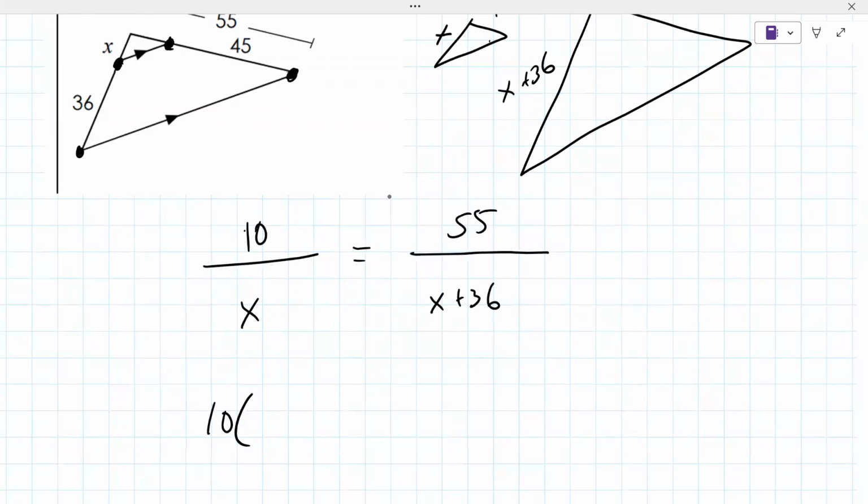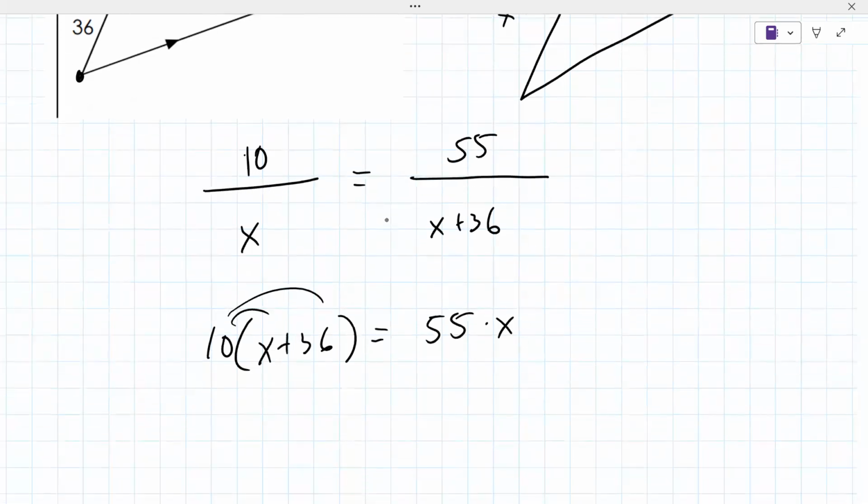So you cross multiply. And then we do, not the full X, distribute. Yeah, distribute.